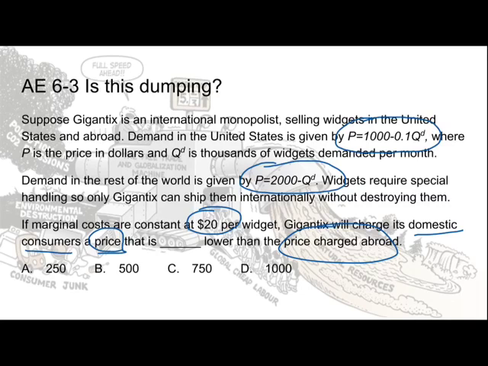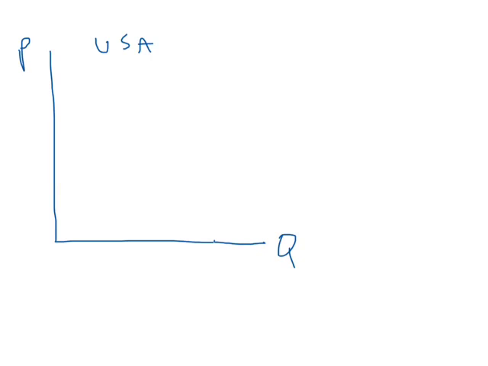All right, here's how we do that. You don't really need to graph this, but I'll graph it. Let me graph it on the left and solve the United States case on the right. So this is USA. Quantity, price, and we've got a y-intercept of 1,000 and an x-axis intercept of 10,000, and there we are at 0.